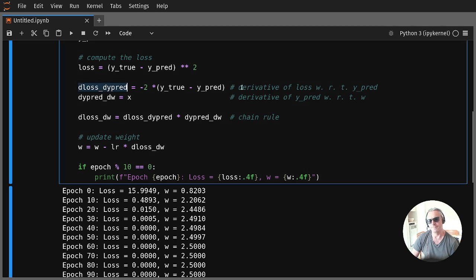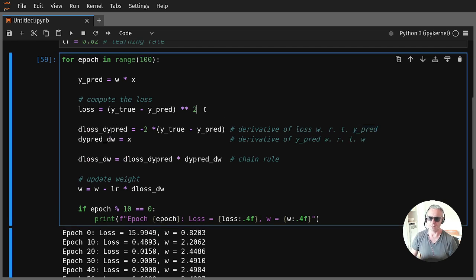We're going to be using the loss, so the derivative of the loss with respect to the Y prediction.